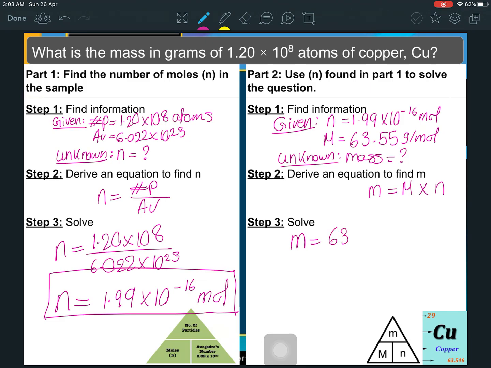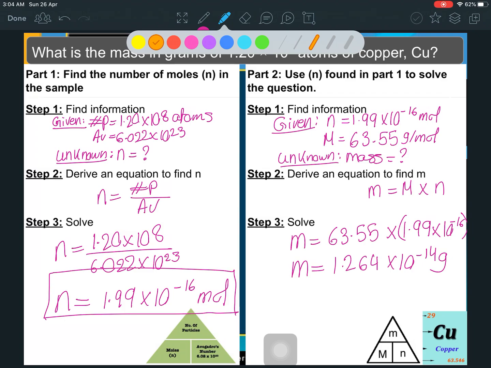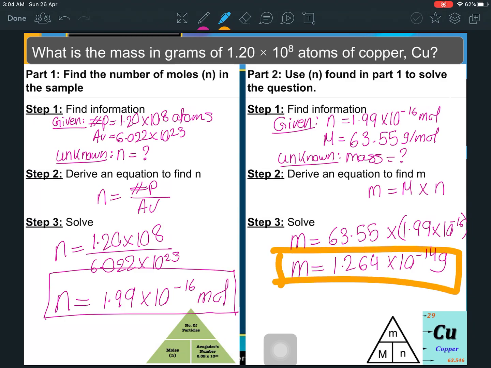All right, so 63.55 times 1.99 times 10 to the power negative 16. So if you put that into your calculator, you will get 1.264 times 10 to the power negative 14 grams. And then you can go ahead and put that as your final answer.